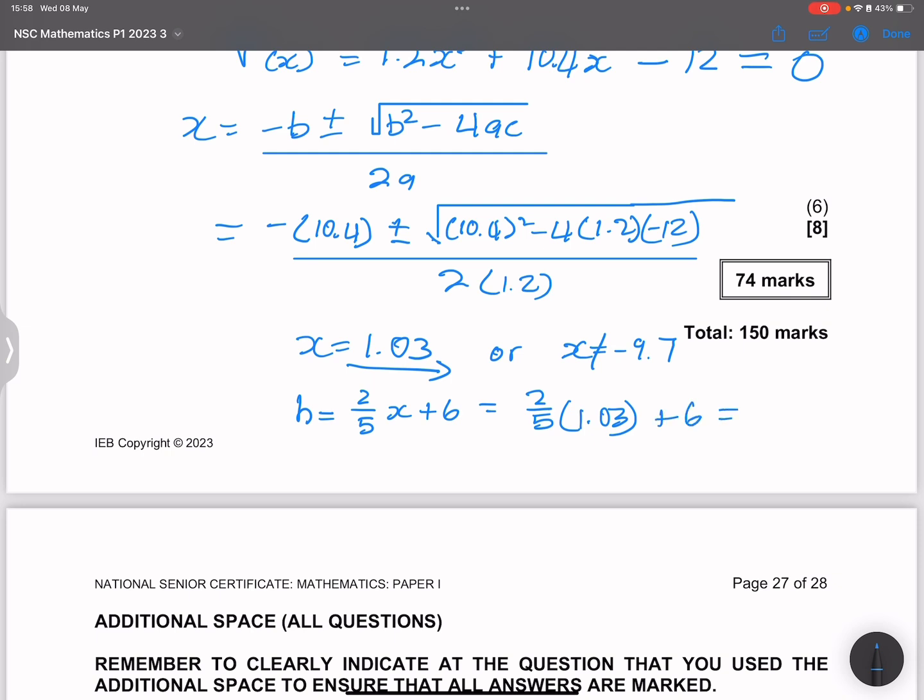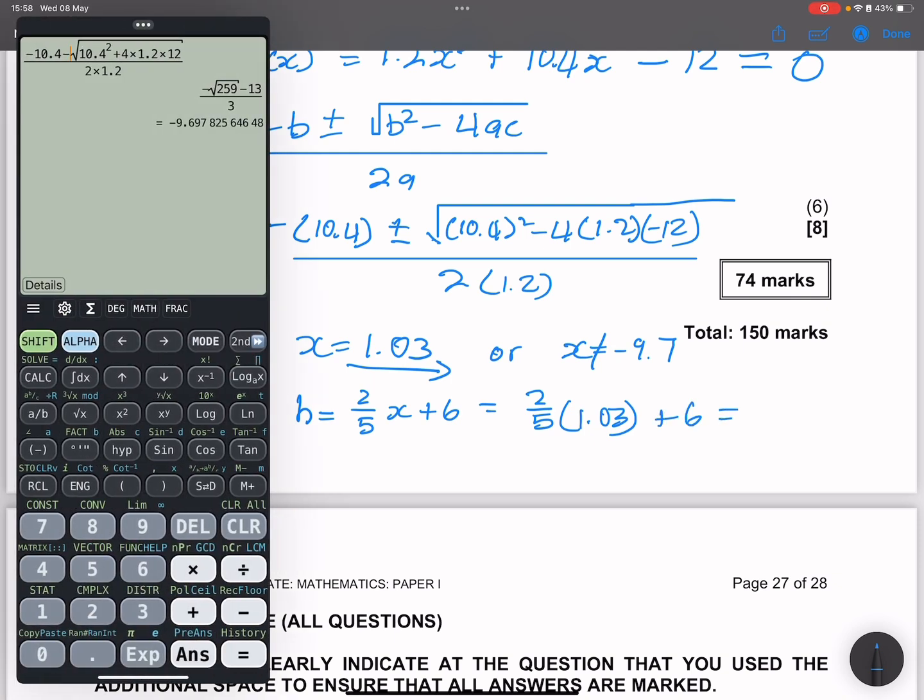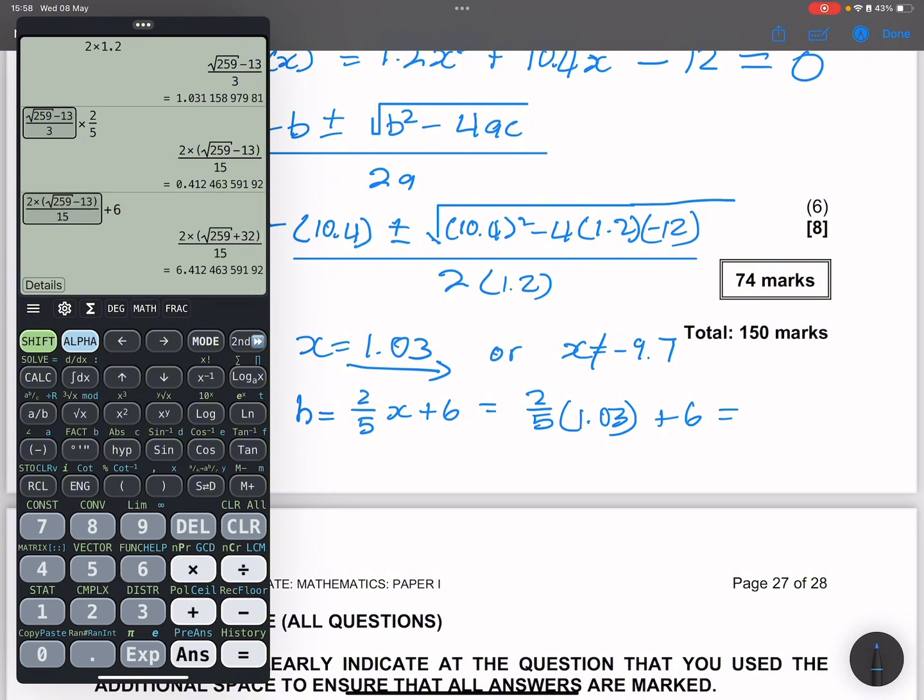I'm going to take that value and multiply it by 2/5, and that will be plus 6. So I get a value of 6.4. So the height will be 6.4 meters.